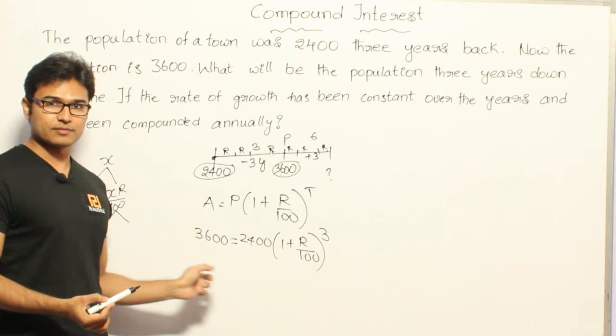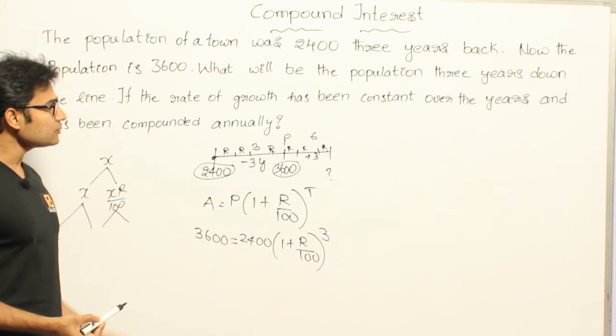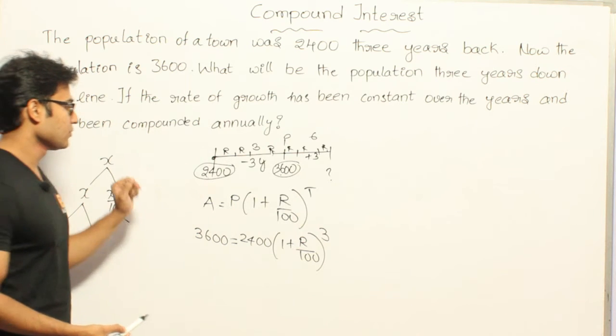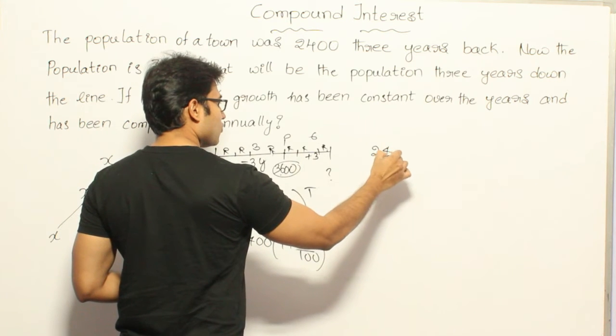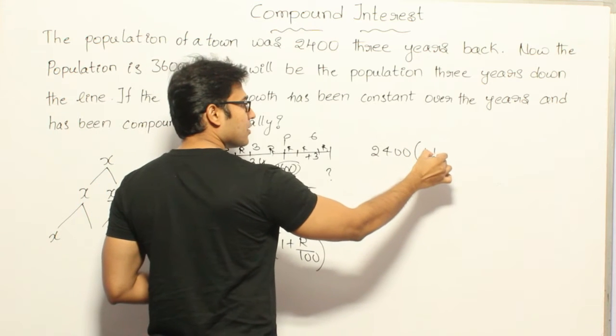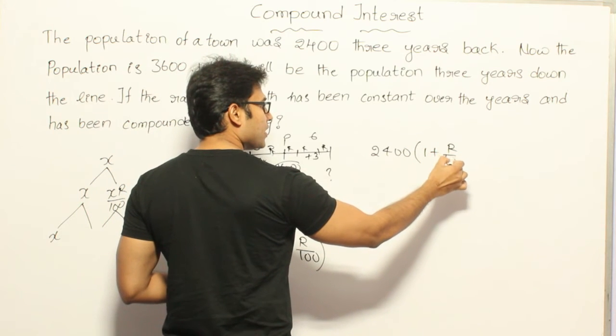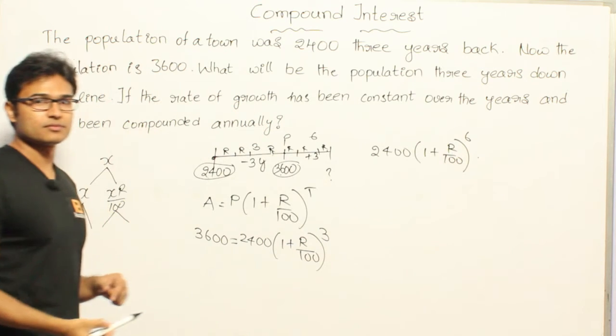I can write this. And now they are asking what would have happened if 2400 is compounded at the same rate r/100, the rate is the same, for 6 years. This is what is asked.